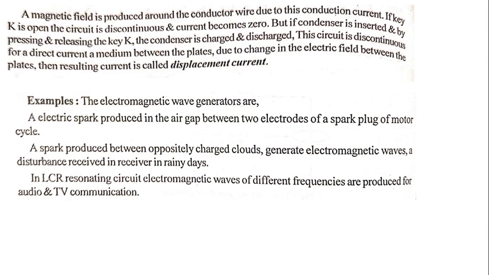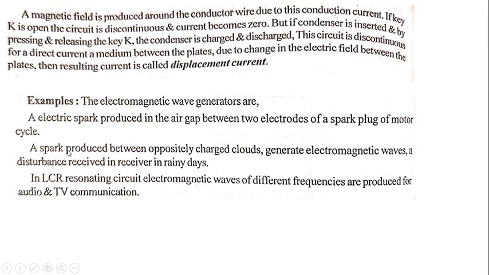Examples of electromagnetic wave generators: first, an electric spark produced in the air gap between two electrodes of the spark plug of a motorcycle.